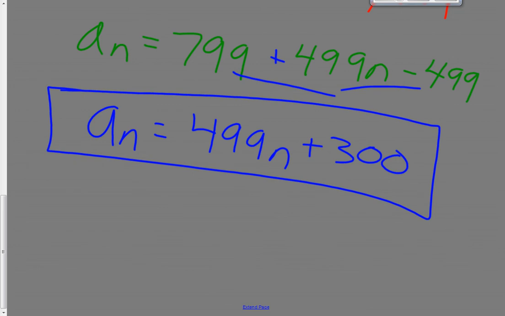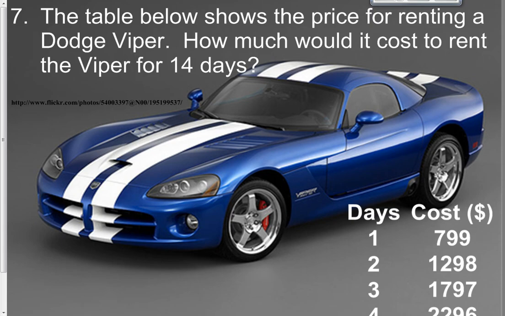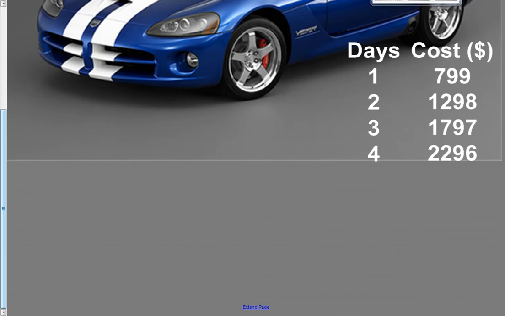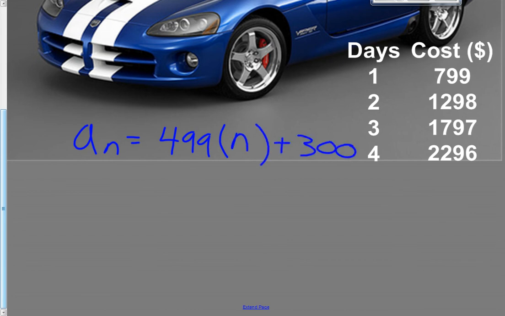So the number 7, we're going to use this. If I want to rent this for 14 days, how much money would it cost to rent it? Well, we just said that our formula was a sub n equals 4.99 times n, and then adding $3.00 to that. So if I want to rent it for 14 days, what is the value of my 14th day?